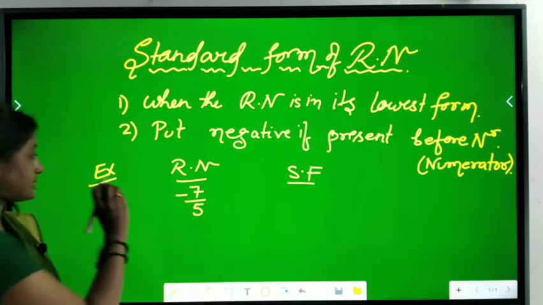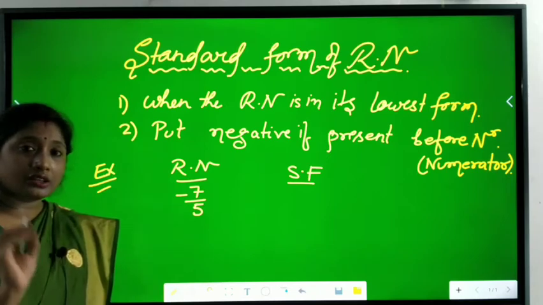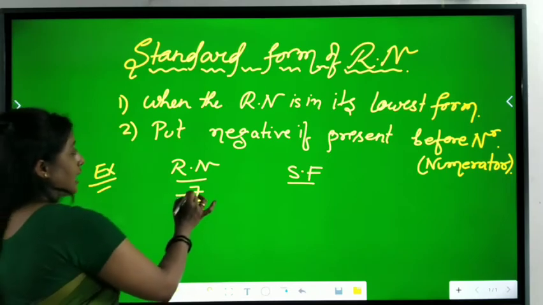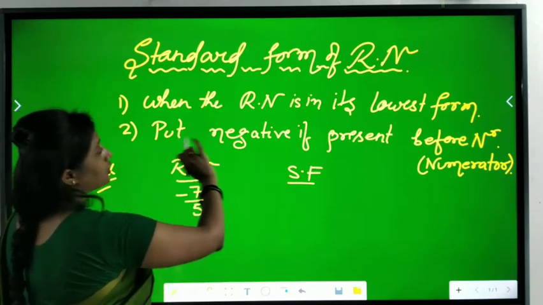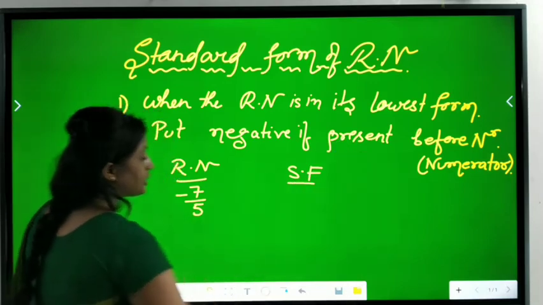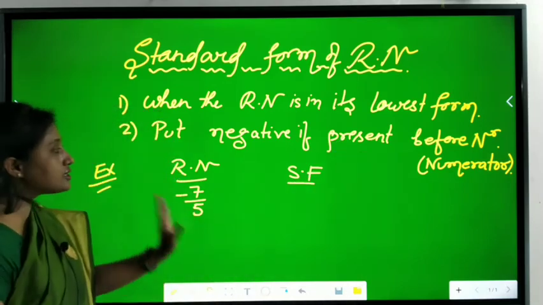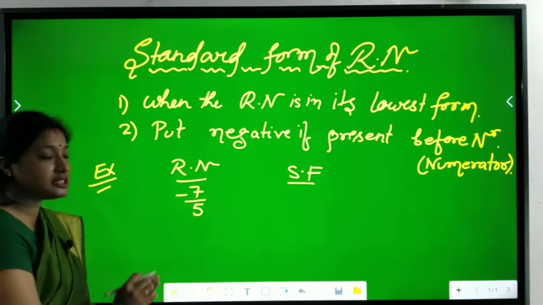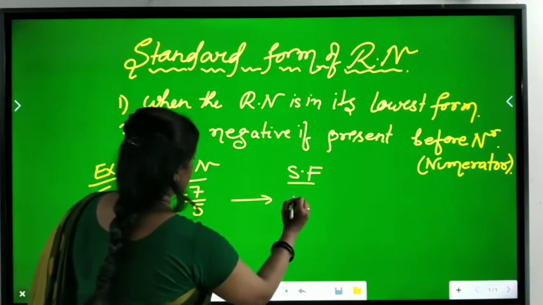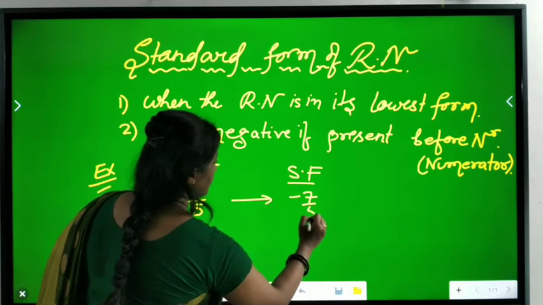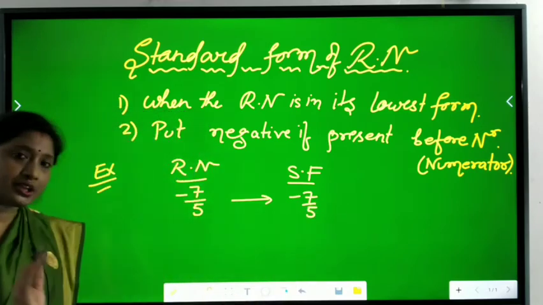That means 7 and 5 both are in lowest form. And the next criteria is negative sign is present before numerator. That means this rational number is already in standard form, that is minus 7 by 5.